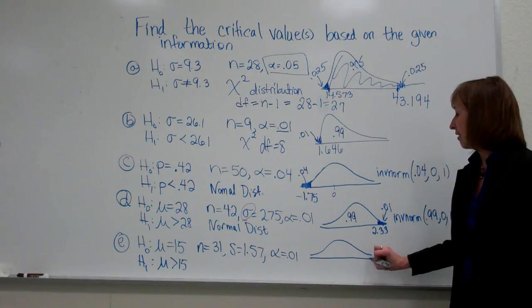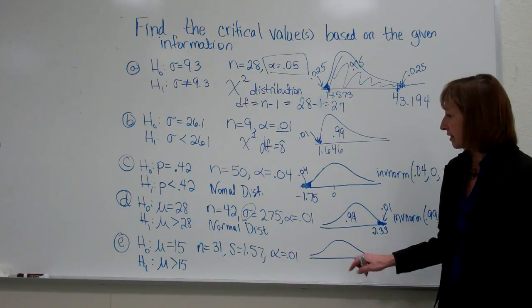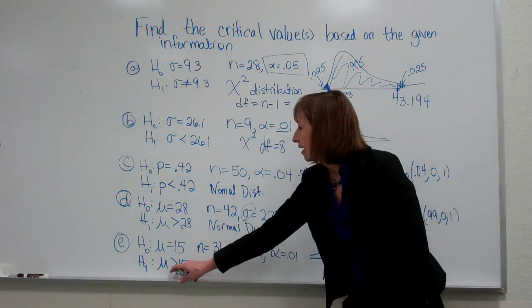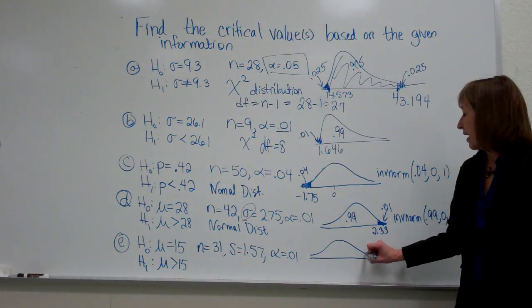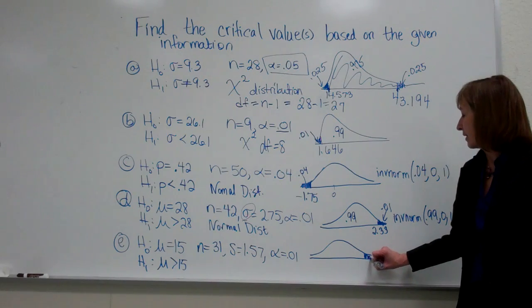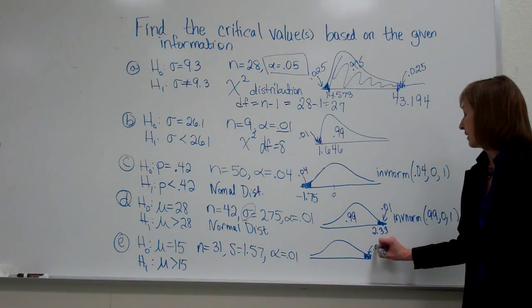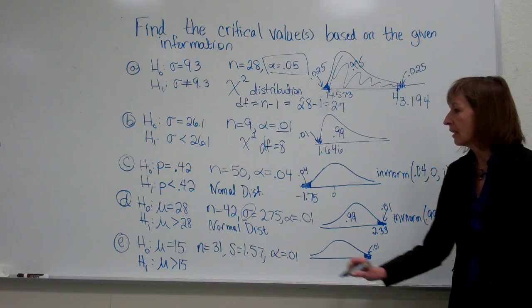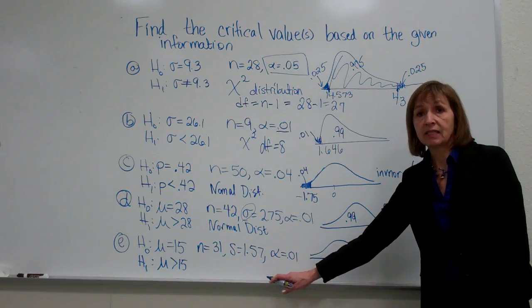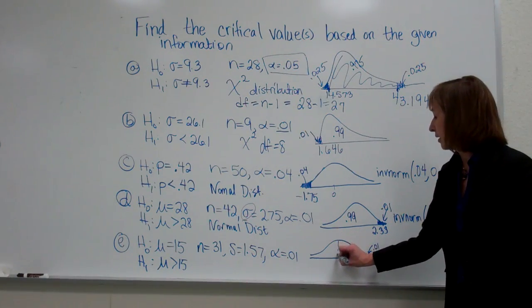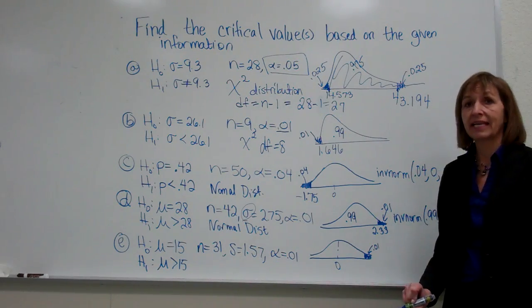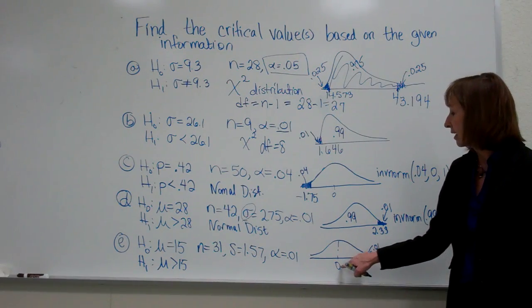I still have a symmetric curve, it's just a little bit thicker in the tails. I have a greater than for my alternate hypothesis, so it's a right tail test. My 0.01 is in the right tail. The student's t distribution is symmetrical about a mean of 0, just like the normal distribution was.